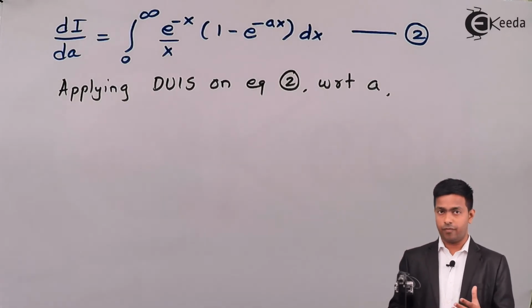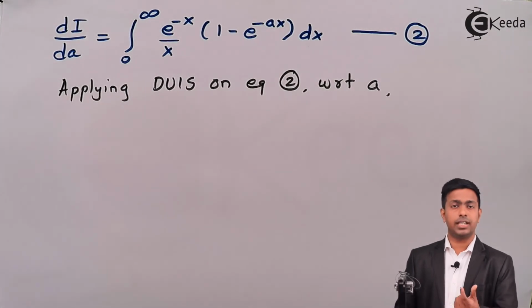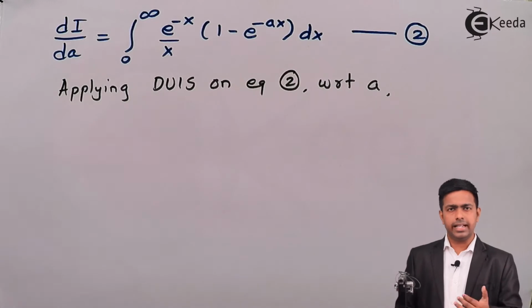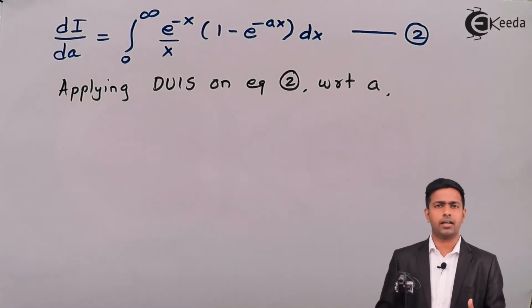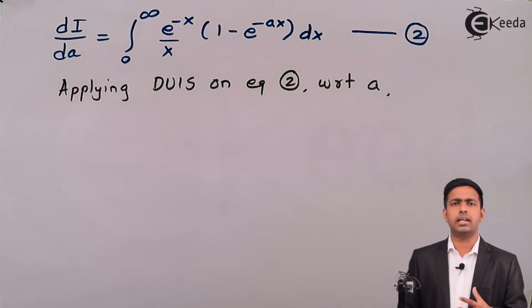But since the function which is given in the integral is quite complex to integrate, I am applying the DUIS back with respect to parameter A, so that we can evaluate this integral in a much simpler way.